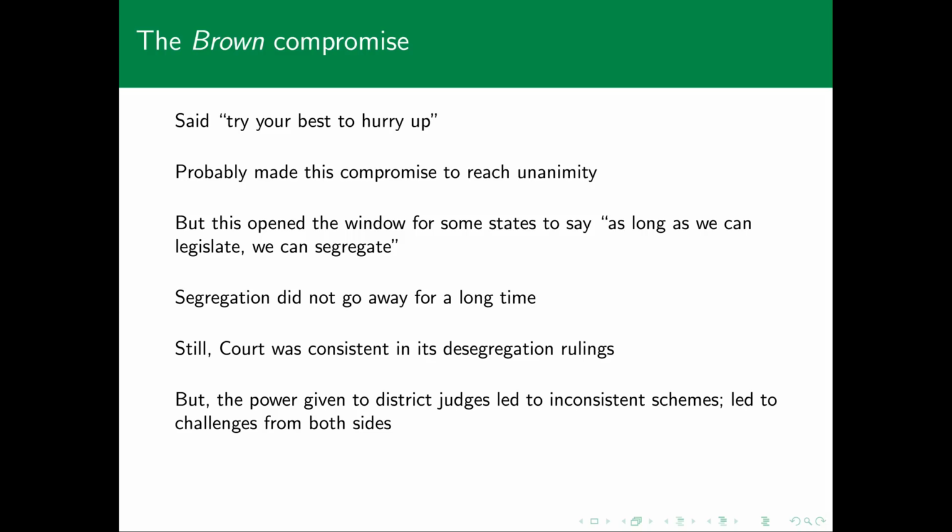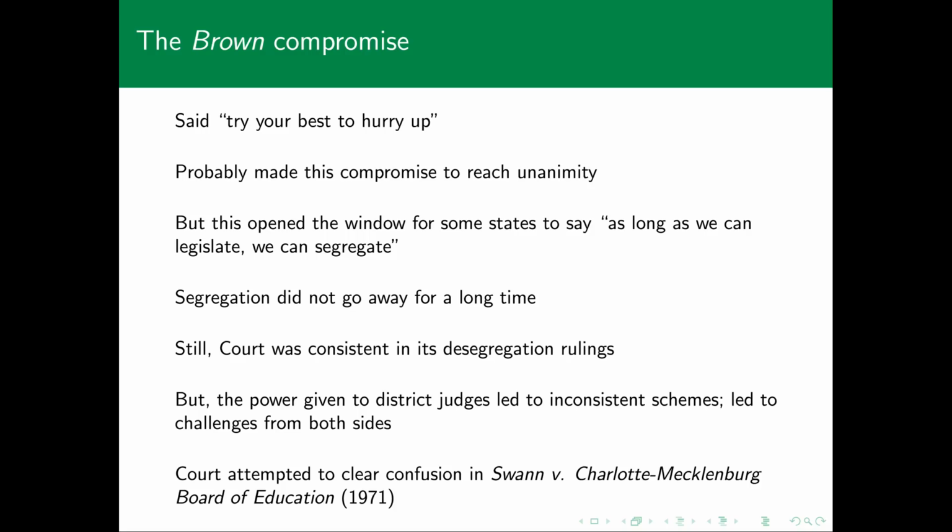It led to challenges from both sides. So one side saying they're not going fast enough, and the other side saying we're going as fast as we can, and you're violating our state's rights. So there were a lot of challenges to both sides. So where we pick up when we meet on Monday, we will look at a case from 1971 that looks at whether segregation is being dealt with fast enough and how the trial courts should be handling segregation, even into the 70s.